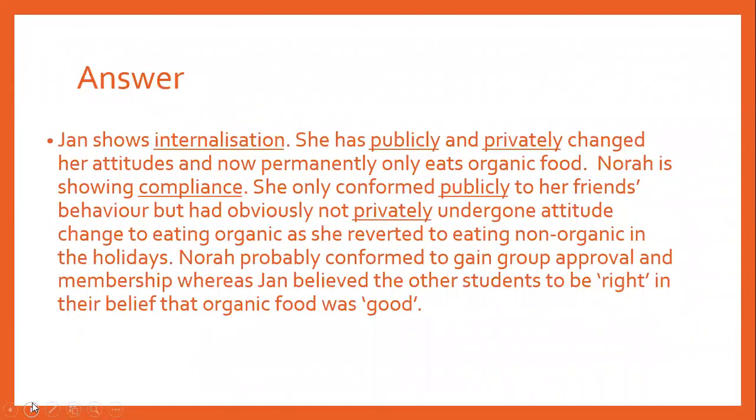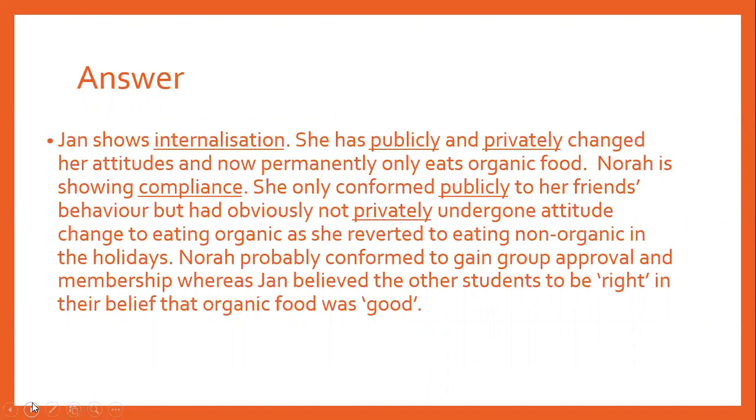So let me go through the answer and then you can do your checking. So Jan shows internalization. So we're clearly showing the type of conformity. So get straight to the point. She publicly and privately changed her attitude and now permanently only eats organic food. Nora is showing compliance.